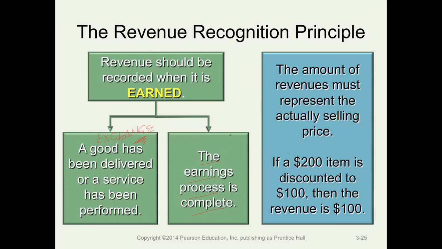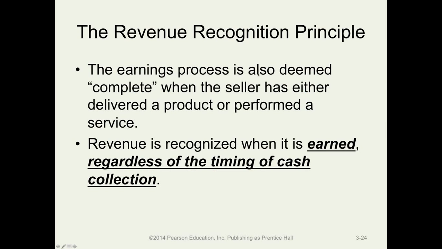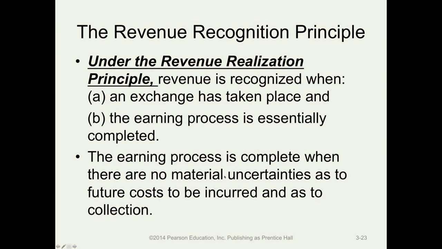And thinking about the future cost, let's just go back for a second. We know collection is one issue. But what are future costs to be incurred under the revenue recognition concept to complete the earning cycle? Well, one would be a warranty. Most businesses can estimate what their future warranties will be. When you buy a product, you usually get a warranty for 1 year. You buy a car, you can get a warranty for 3 years.